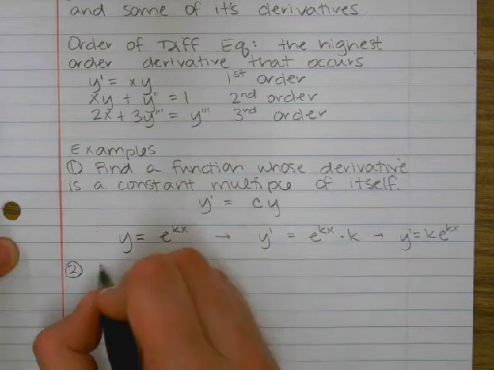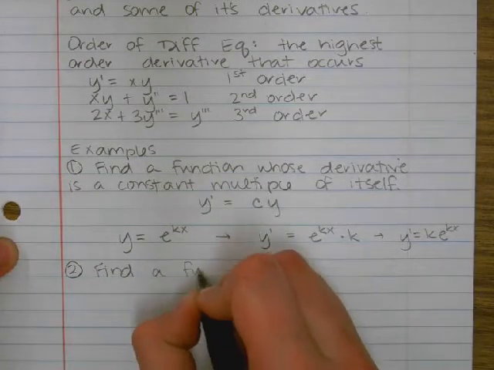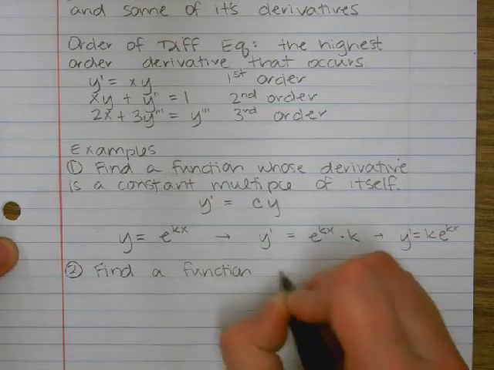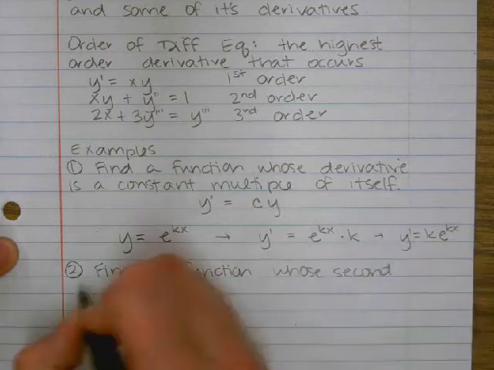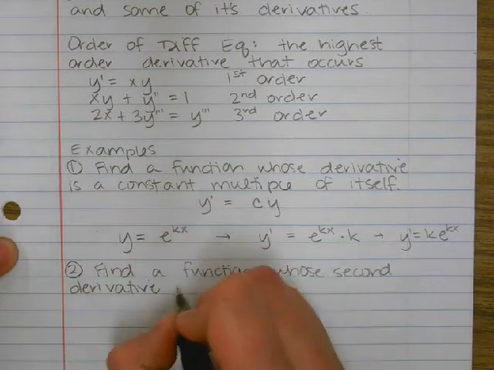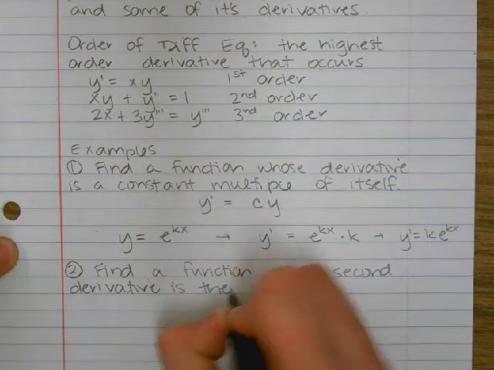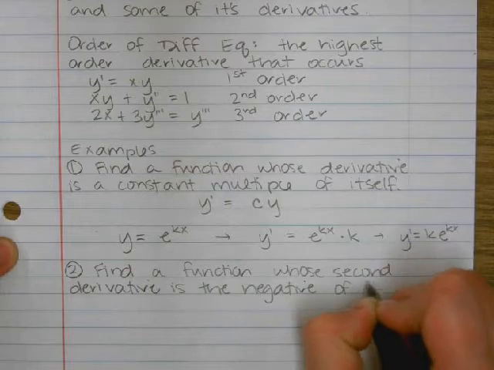For the second example, we're going to find a function whose second derivative is the negative of itself.